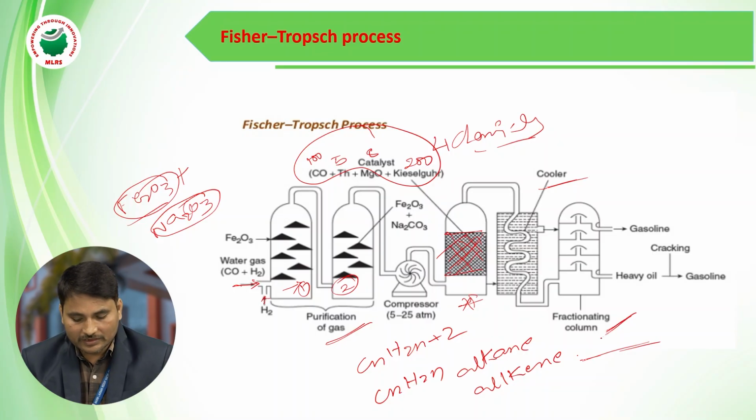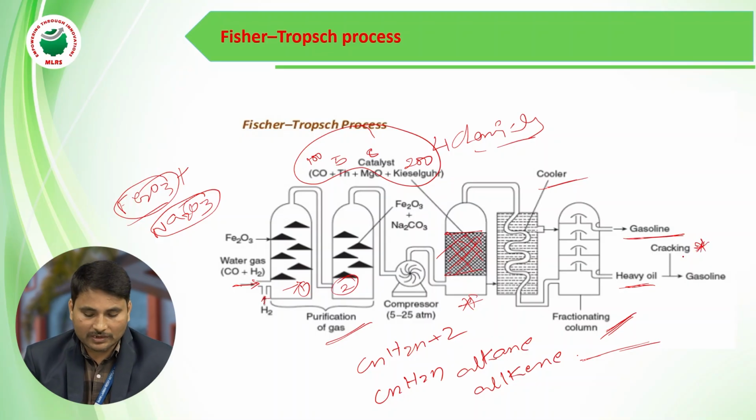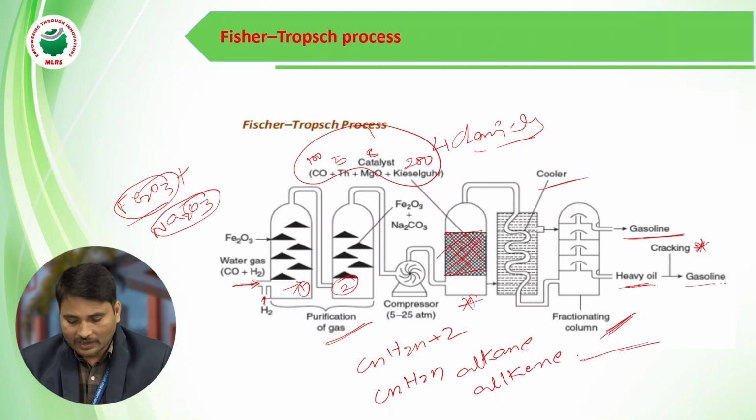Again we use that cylinder-type instrument and get our desired product here. The heavy oil is not used as such; we apply another method called cracking, which is our next topic. By applying the cracking method, we again get gasoline.